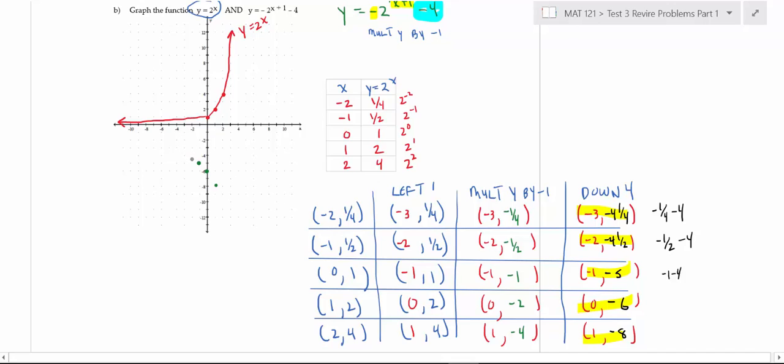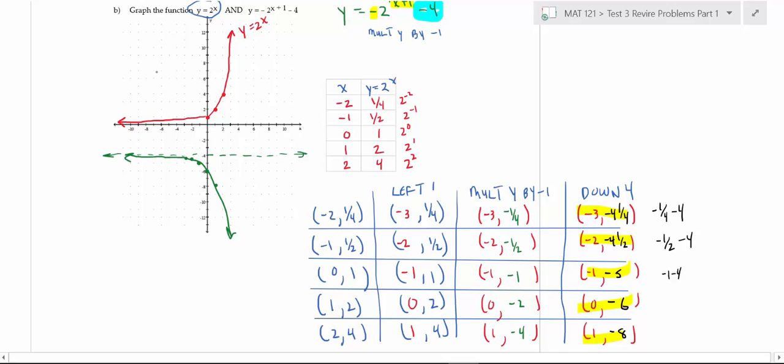Negative 2, negative 4.5. Negative 3, you can kind of see how it's sort of leveling off like this. So basically, since you moved everything down 4, you actually have a horizontal asymptote at negative 4. Then you can just plot in the graph like that, and then you're all done.